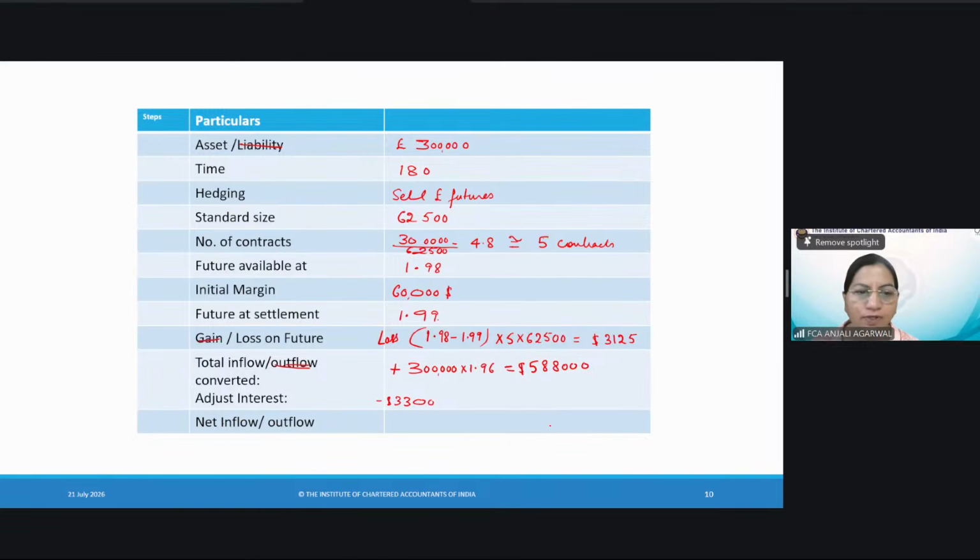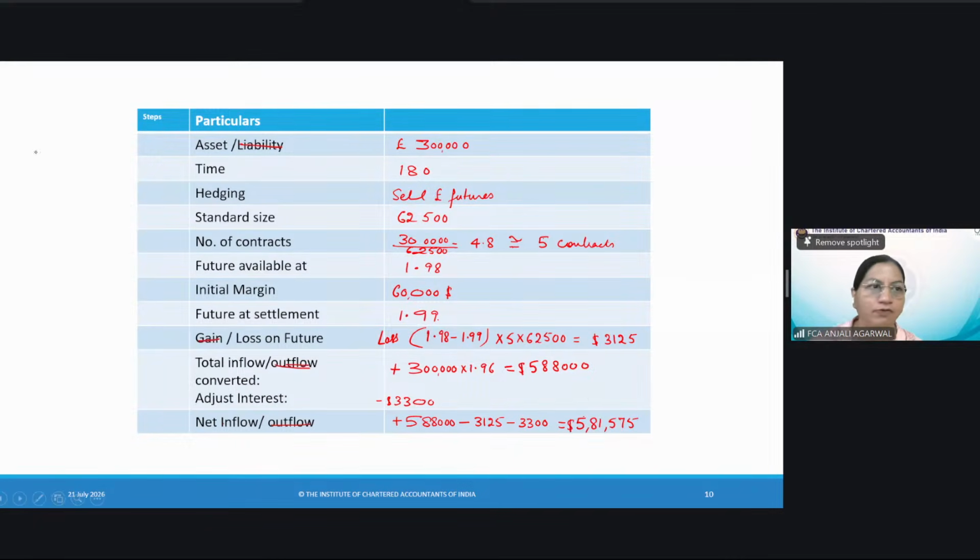So net outflow and inflow here would be: you are receiving plus 5,88,000. However, you've lost on futures $3,125 and you've also paid an interest of $3,300. So your net inflow would be 5,81,575.